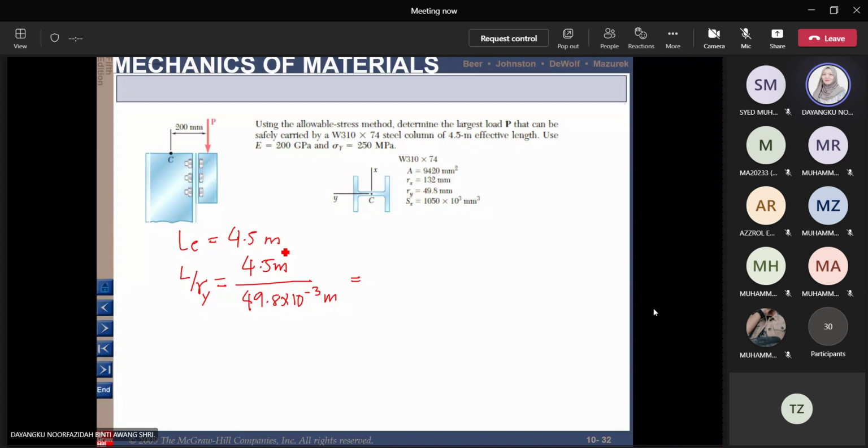So what will be this value here? 90.4. So it will be 90.4.